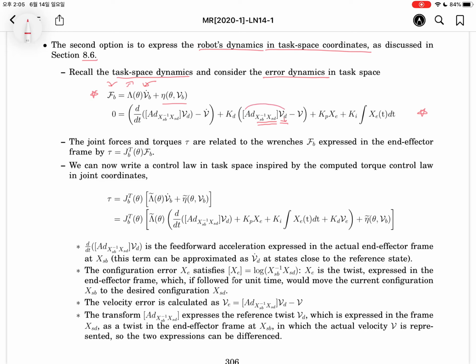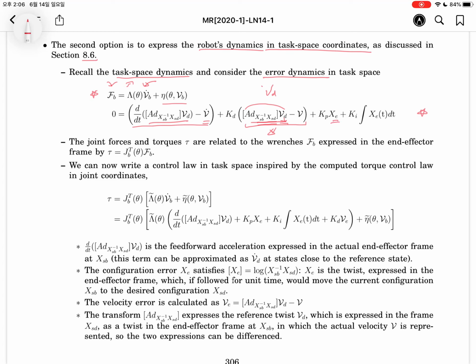At that time, this part will be the body twist in terms of the body frame end effector frame, so it must be the velocity error. By taking a time derivative of this velocity error, we can get the acceleration error. So the first part should be differentiated like this, and then V will be the minus V dot. So this equation is equal to the acceleration error.